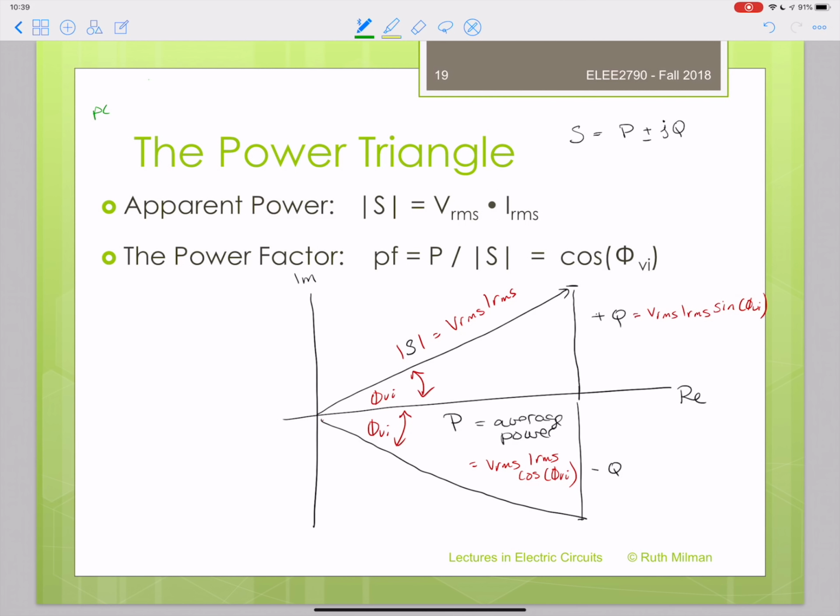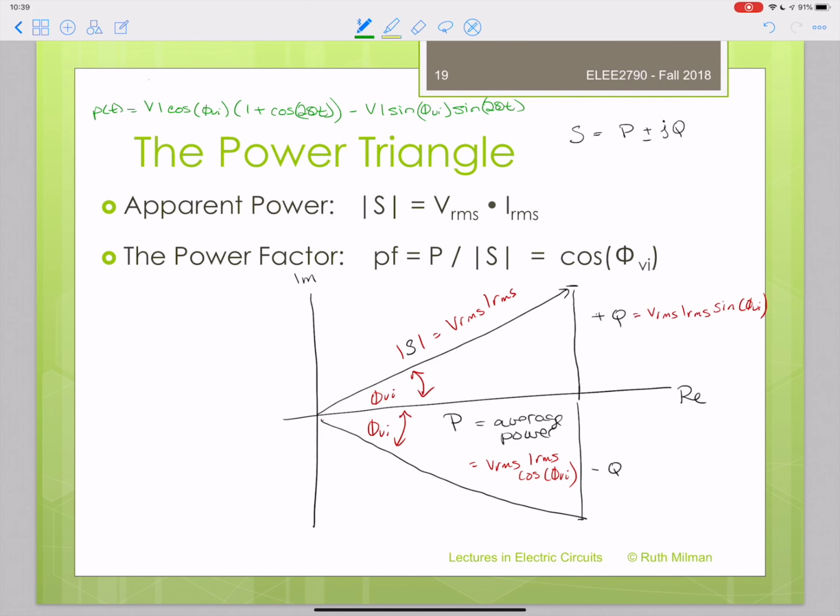We see that the instantaneous power is equal to V_RMS I_RMS times the cosine of the phase shift between the voltage and current, multiplied by 1 plus the cosine of 2 omega t, and then we subtract off V_RMS I_RMS times the sine of the phase shift angle, multiplied by the sine of 2 omega t.